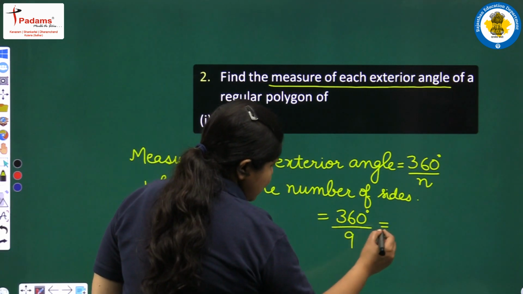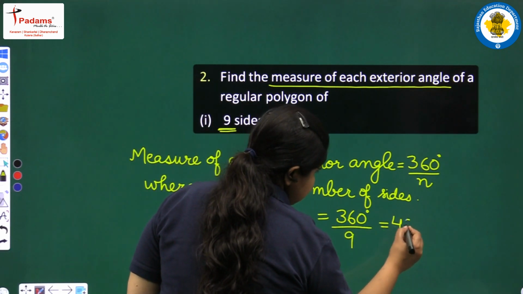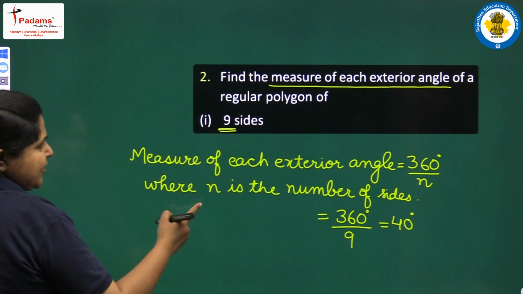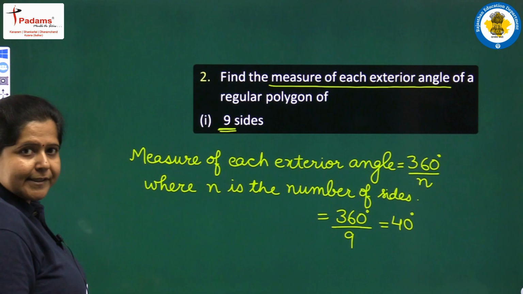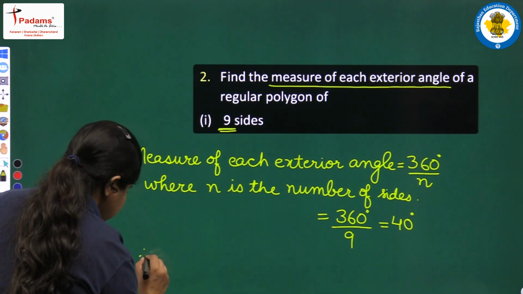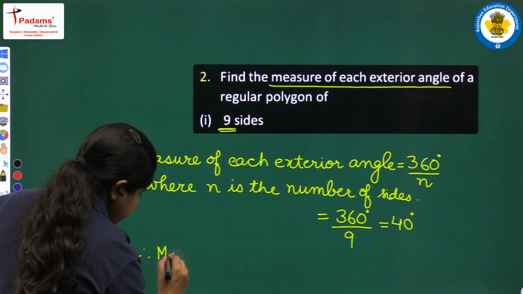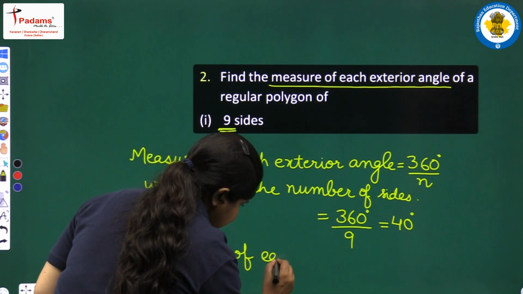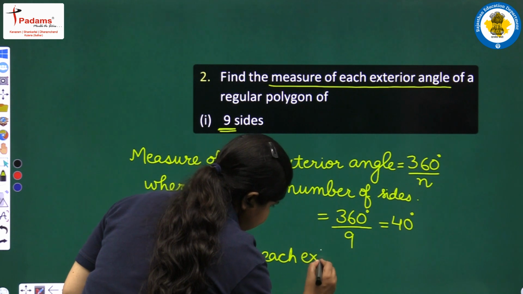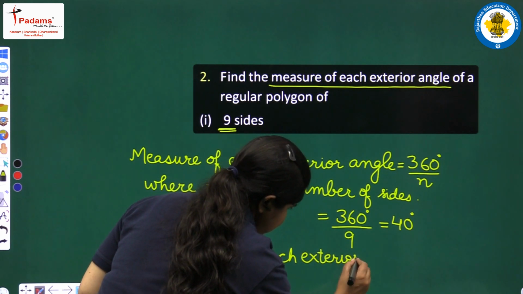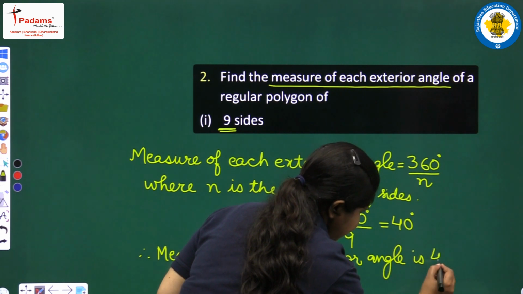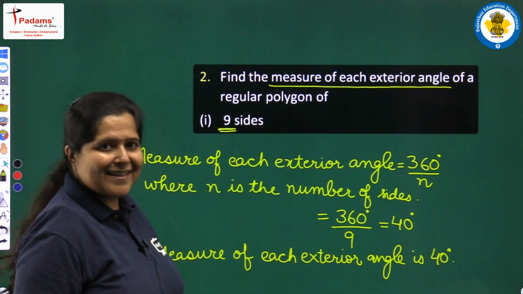Clearly 9 4s are 36 and then we have 0, 40 degrees. So, each exterior angle is equal to 40 degrees. So, we can write the final answer. Therefore, measure of each exterior angle is 40 degrees. This is the answer.